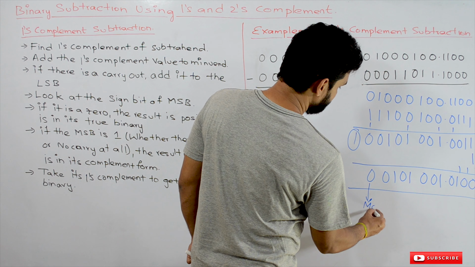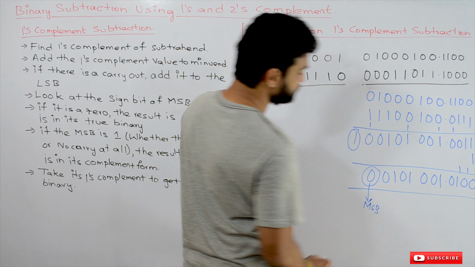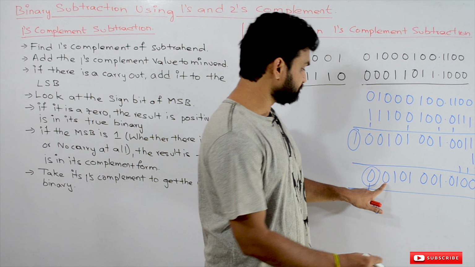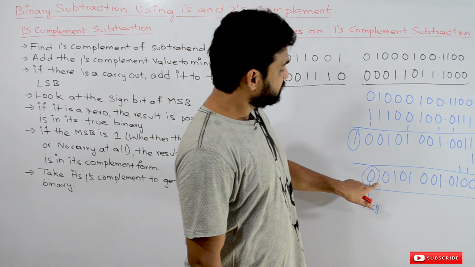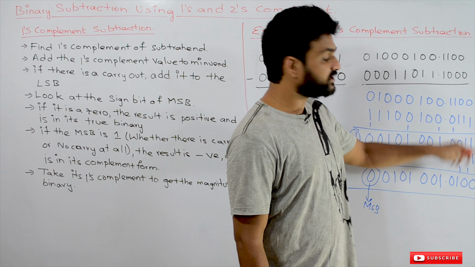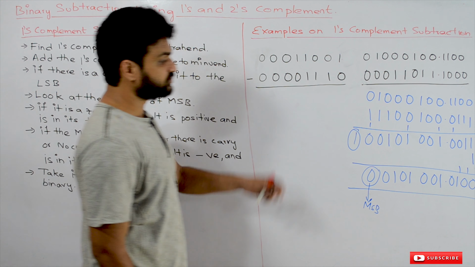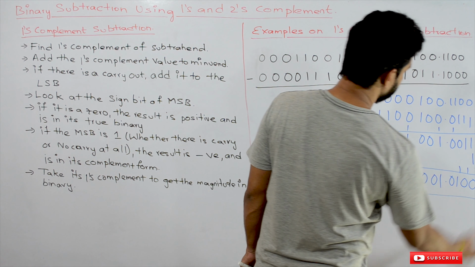What is the MSB showing? It is a 0. If it is a 0, what does that mean? It is a positive number, and it is in its true binary value. So this is the final output, and it is a positive number.